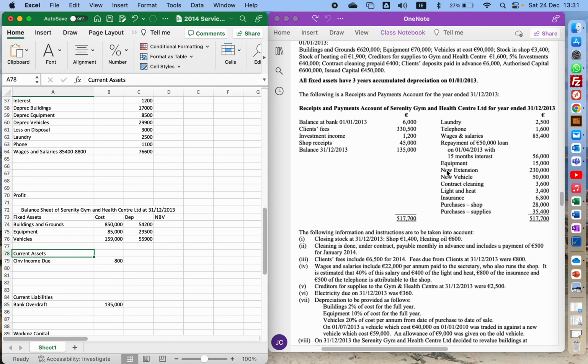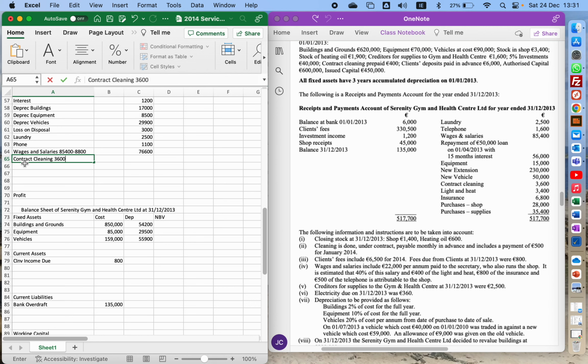Okay. Now contract cleaning, and I know there's prepaids and dues to deal with that, so I'll put this in here. So contract cleaning is 3,600, and then let's look at the top.